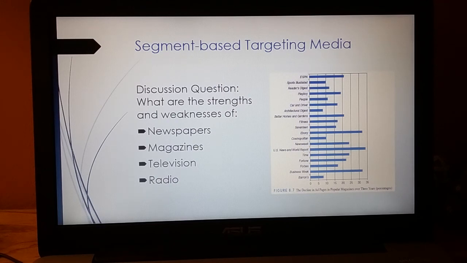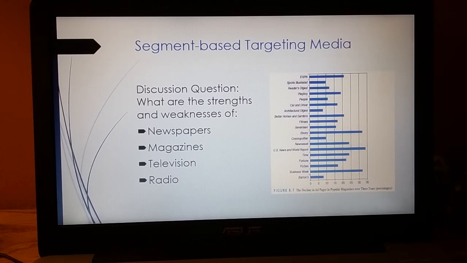Newspapers are geographically very effective. If it's a specialized newspaper, say like the Wall Street Journal, you might get a different demographic than you would for, let's say, a local newspaper. Magazines and television shows and radio shows can be very specifically targeted. But anyway, what I would suggest is taking a look at that chart that I added in there. That's straight from the book.